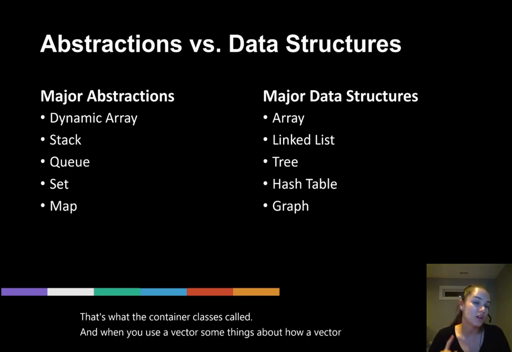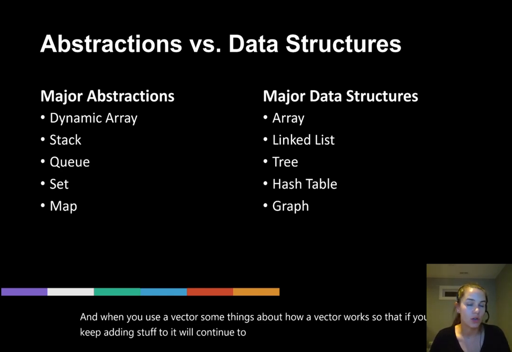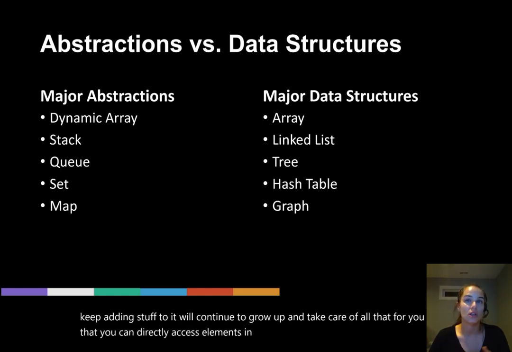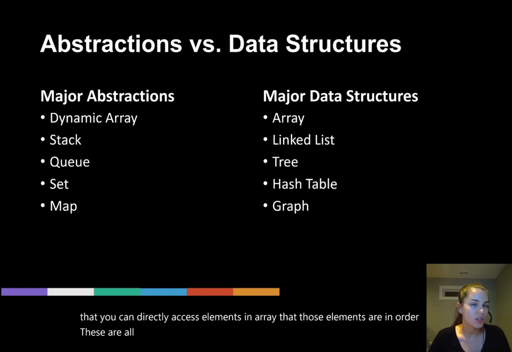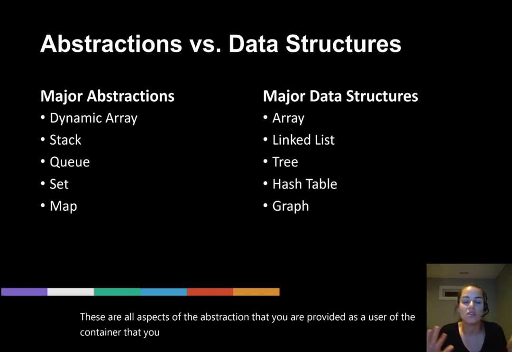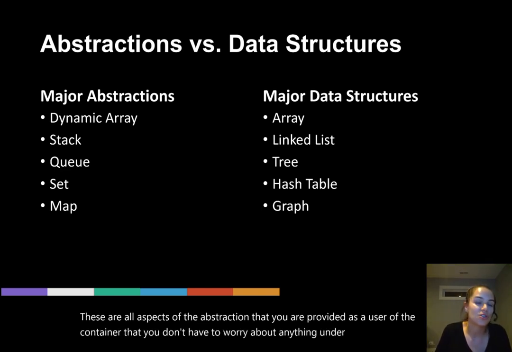You know that if you keep adding stuff to it, it will continue to grow, and take care of all of that for you. You know that you can directly access elements in an array. You know that those elements are in order. These are all aspects of the abstraction that you are provided as a user of the container, that you don't have to worry about anything under the hood or any implementation under it.